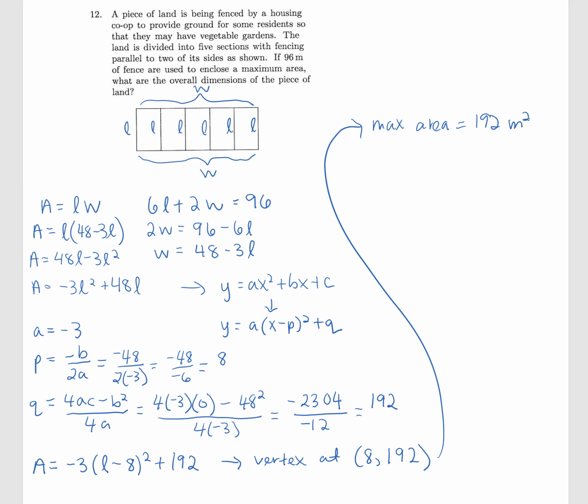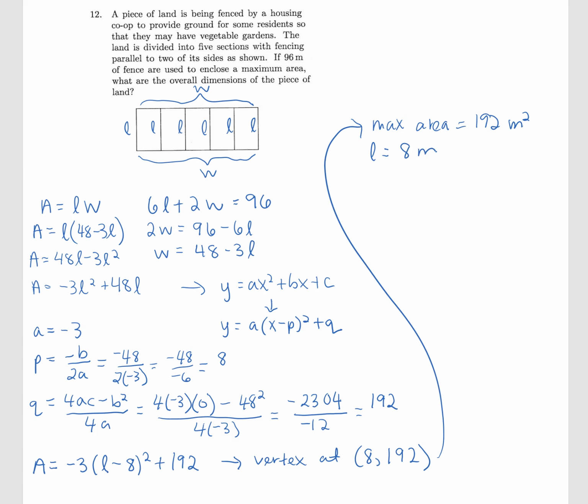But this question is asking us for the overall dimensions of the piece of land. So what they want to know is the values for L and W here, as we've assigned it. So our vertex also tells us what our value for L is at this maximum area. So just looking at our vertex, we can say that L at our max area of 192 is 8 meters.